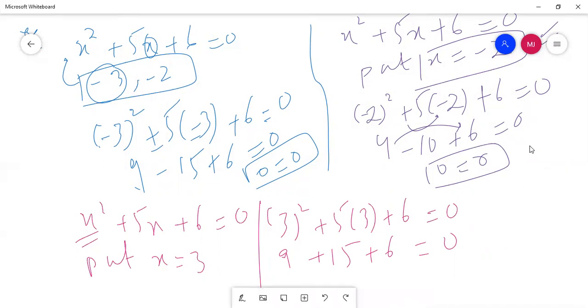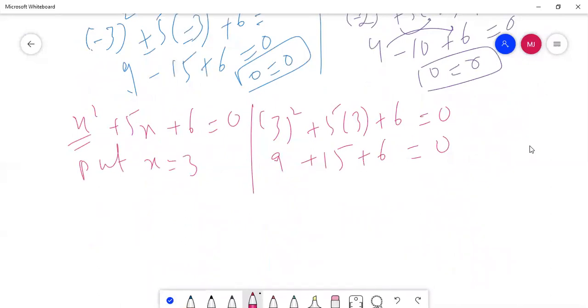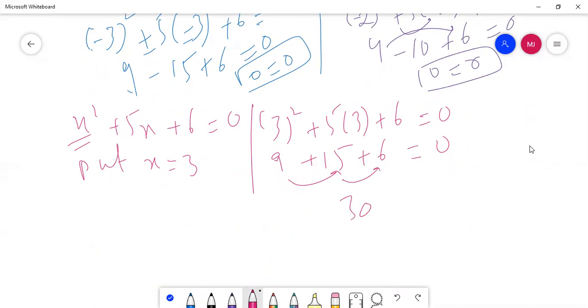So this will become 9 plus 15 is 24, plus 6 is 30, which is not equal to 0.